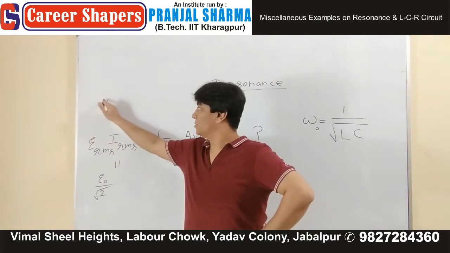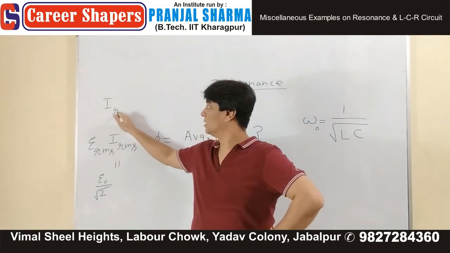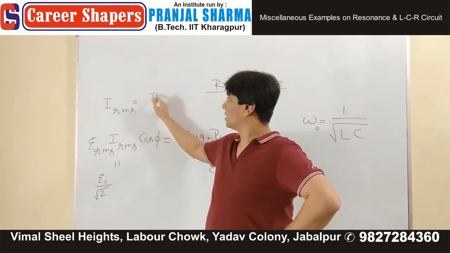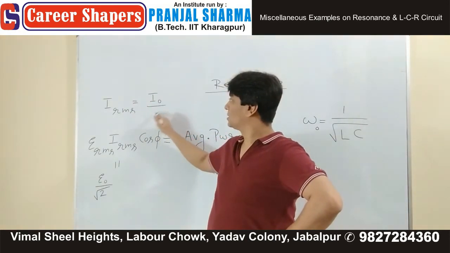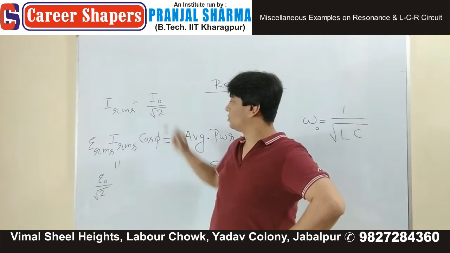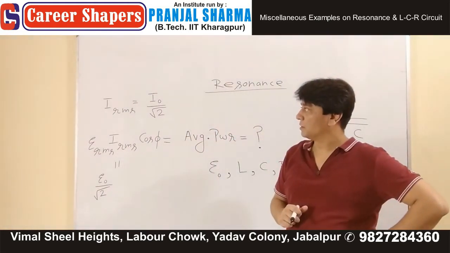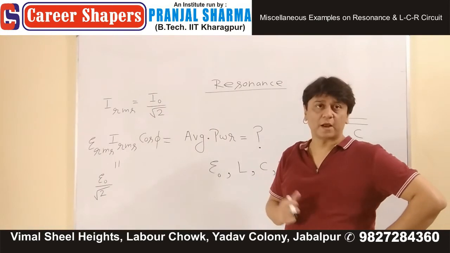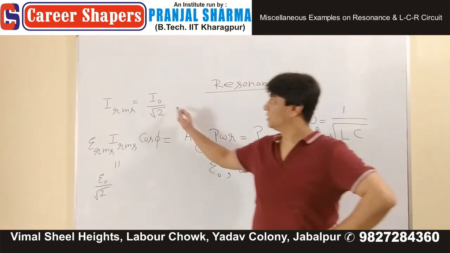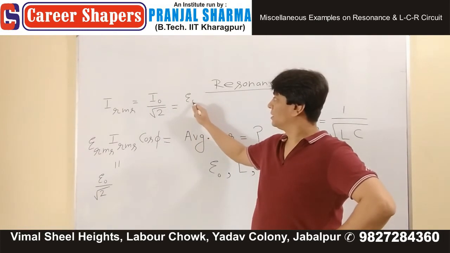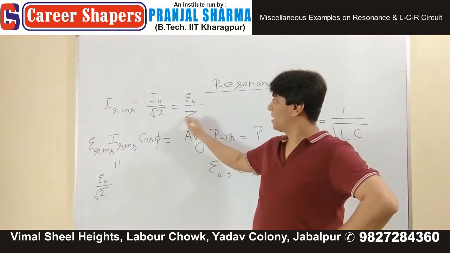What is IRMS? I naught divided by root 2. That's your IRMS. What is I naught? E naught divided by Z.